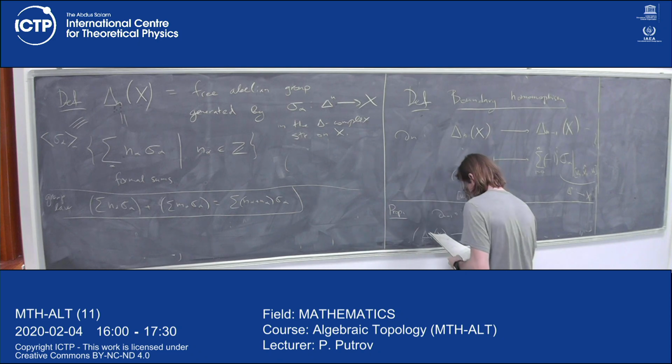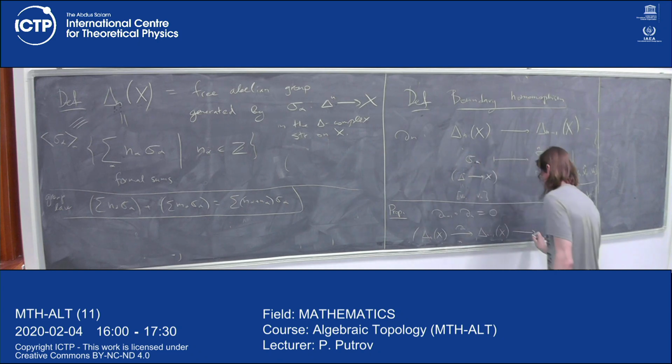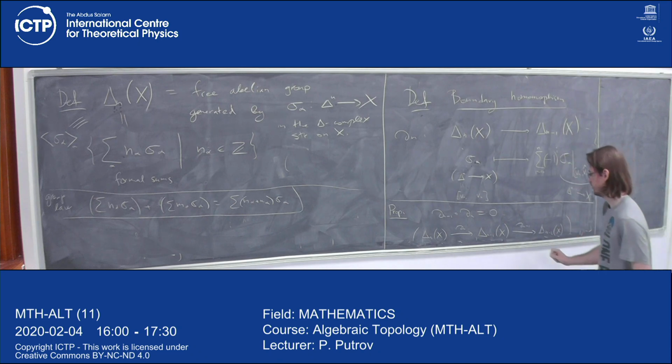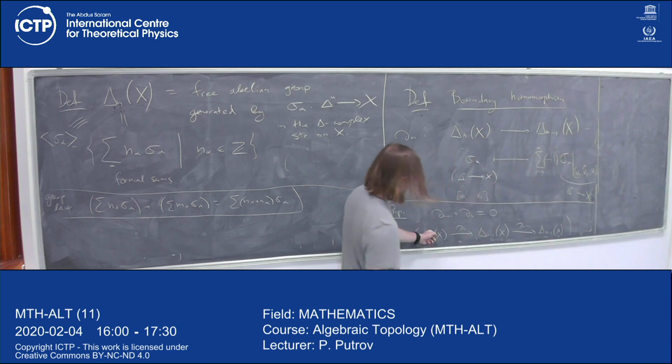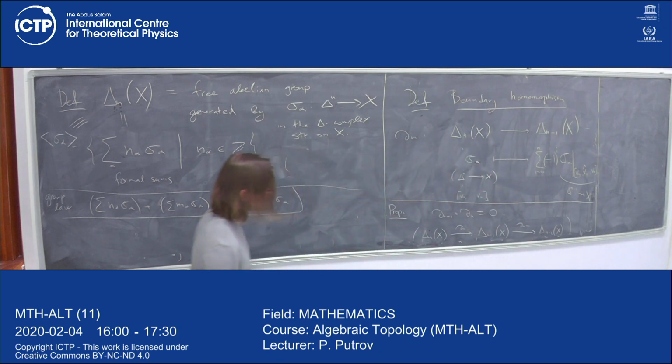If I want to draw a diagram, this is a composition of the maps. So the composition is a homomorphism from this abelian group to this abelian group, and this is trivial.